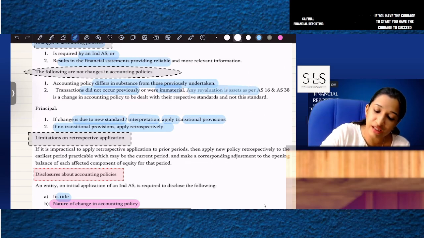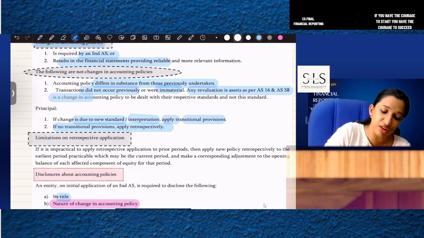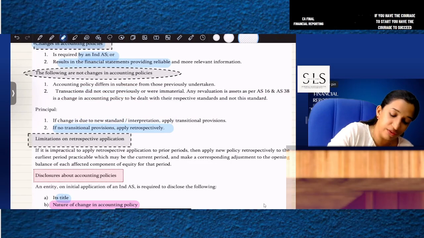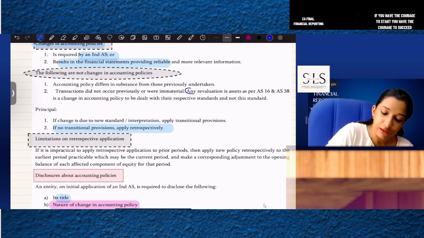Any revaluation of assets as per Ind AS 16 or 38 is a change in accounting policy to be dealt with under their respective standards. So this sentence is actually not related to this. Now, what is given in the standard?